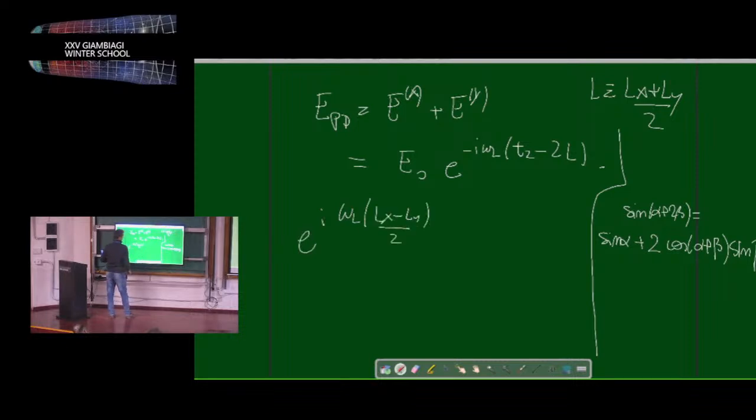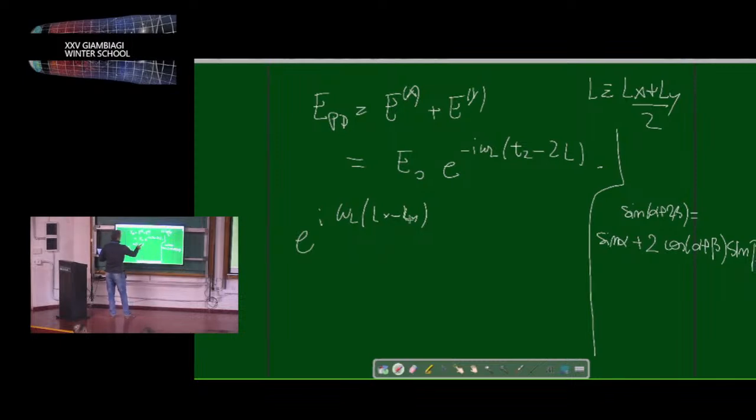You see, because here I had Lx plus Ly, but the piece of the field that travels over x had to be only Lx. So I put minus Ly to compensate this. And then it had its piece proportional to H naught.